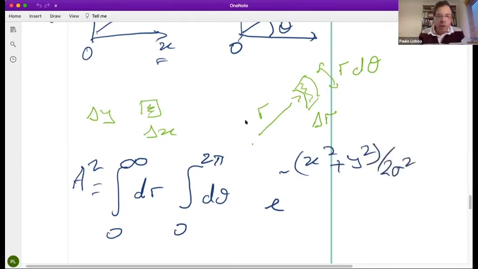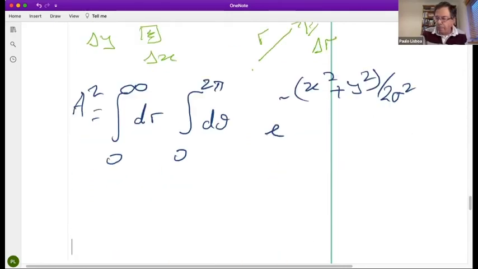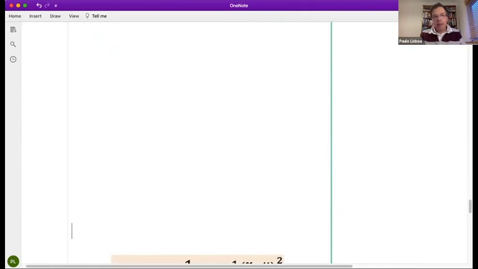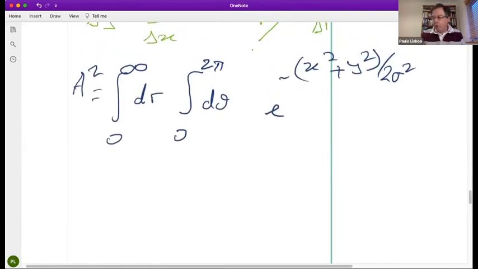And I'm going to show you why that is so handy, because you know from Pythagoras that x squared plus y squared is equal to r squared.